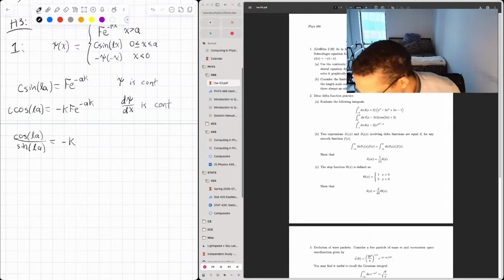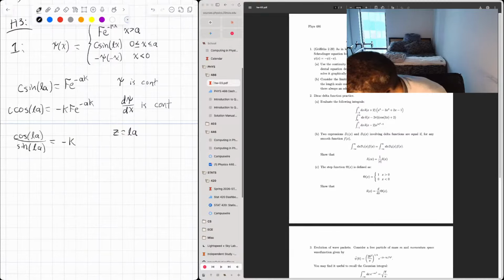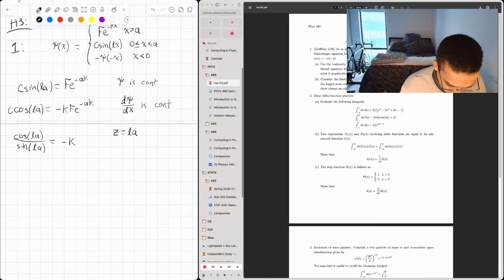And then we have this, we have Z equals LA, and this needs to be on my equation sheet. Actually, it's not on here. K is supposed to equal something. But regardless, wait, hold on.